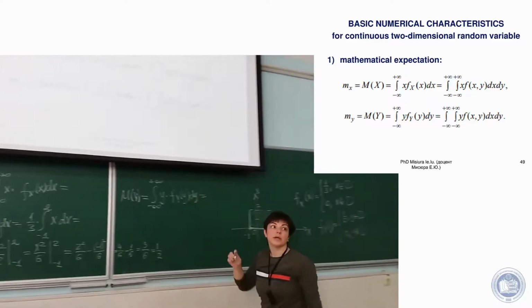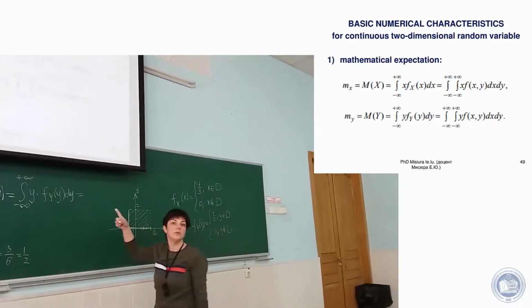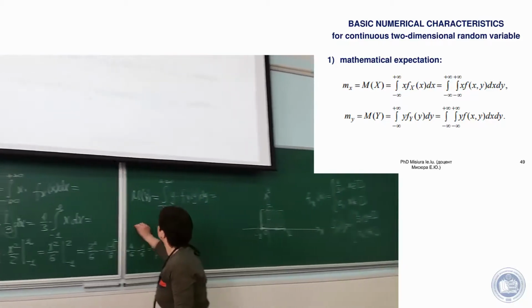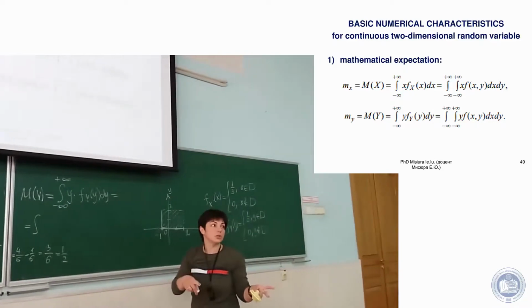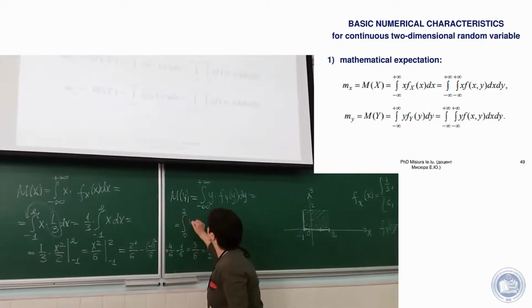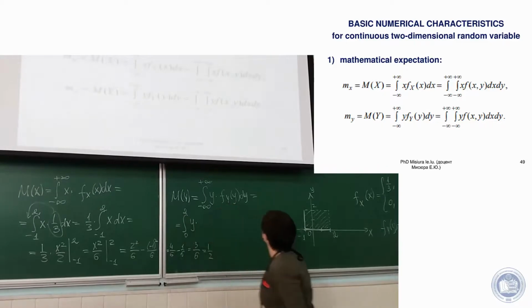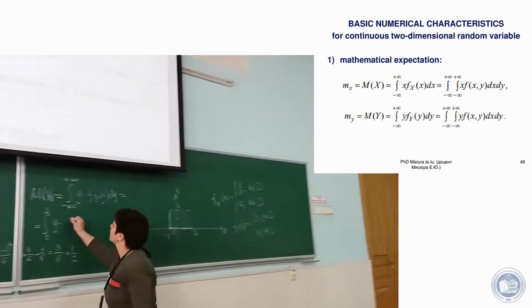Students, if you have dy, it means you need to use limits for variable y. Okay. Y is changed from 0, yes, to 2. Okay, let's substitute 0 to 2, y times f of y. F of y equals 1 second. Okay.